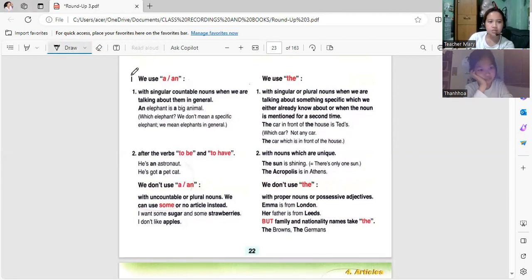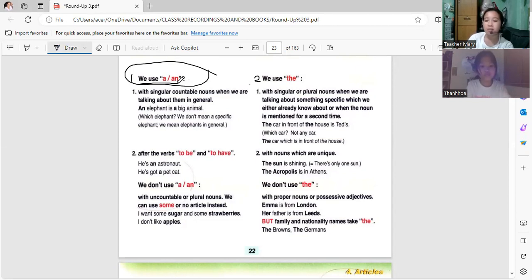This is the first rule. And this is the second rule. Okay. Let's tackle first the first rule. Let's focus first on how we use a and an.